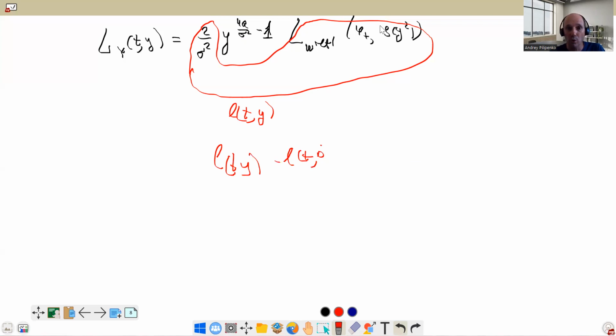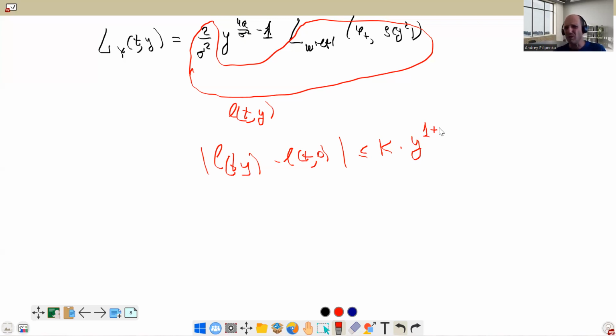So we use Hölder continuity of this local time, and it can be seen that this difference is less than or equal to some random constant times 2y to the power 1 plus some positive number.